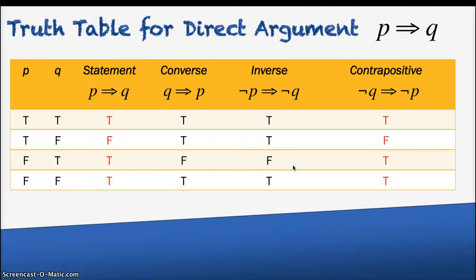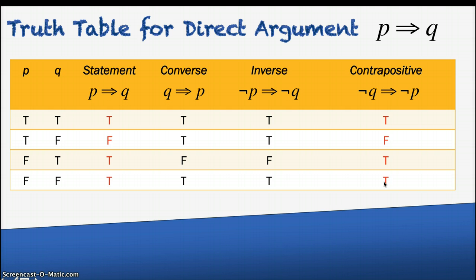Let's have the truth table for the direct argument. This is if-then, so for your statement, then your converse, inverse, and contrapositive. If given the values T and T, the statement is still true, and all the way until the contrapositive, it's true. False and false for the direct argument, you will have true all the way for statement, converse, inverse, and contrapositive.